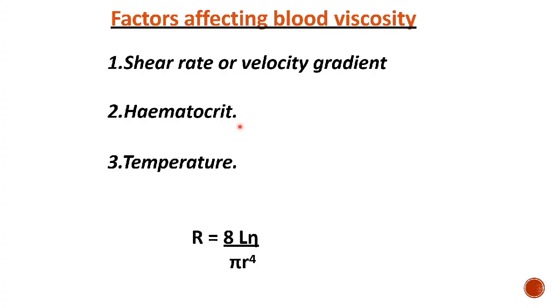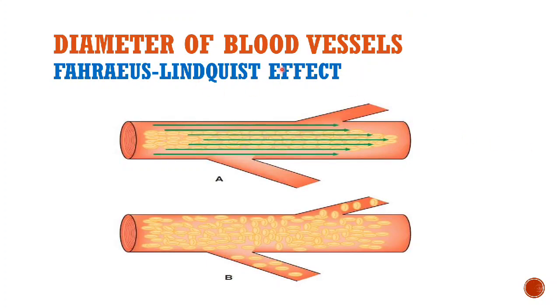How does the diameter of the blood vessel affect the viscosity? The relationship between viscosity and vessel diameter is expressed as the Fahraeus-Lindqvist effect, after the workers who discovered it. According to their observations, the viscosity of blood in vessels with diameter less than 300 micrometers is less than the viscosity of blood in larger diameter vessels.